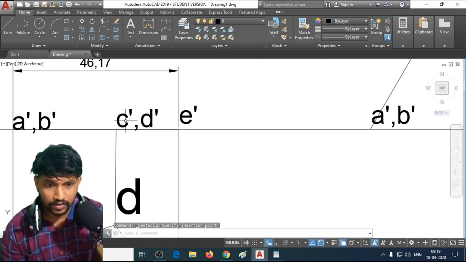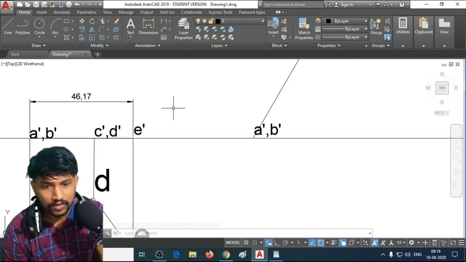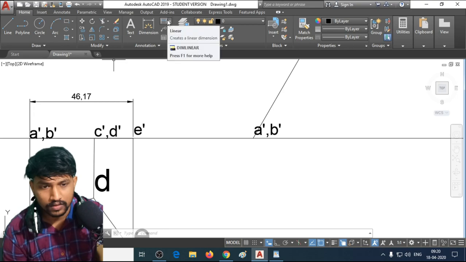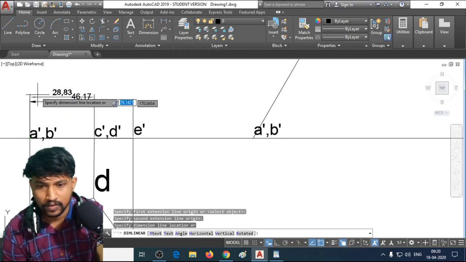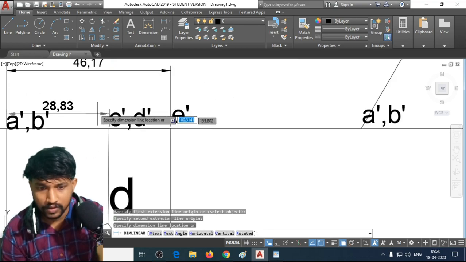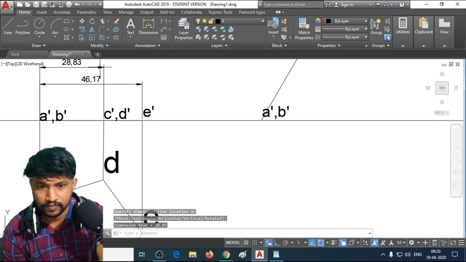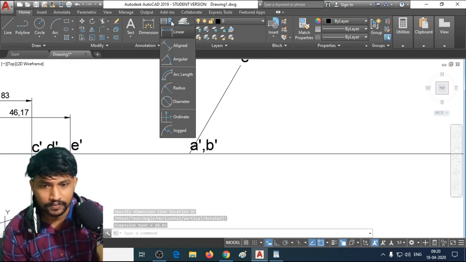We should find the location of C dash and D dash as well. So for that, yeah, 28.83.